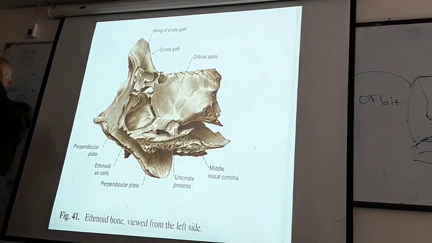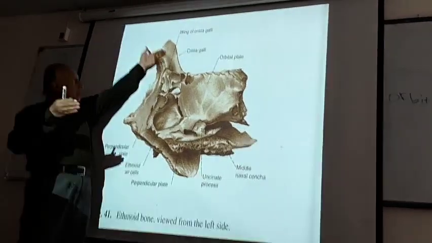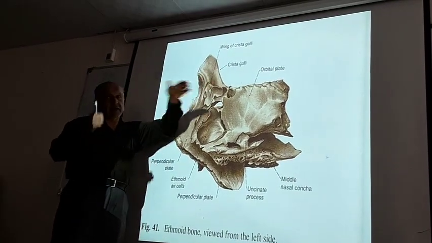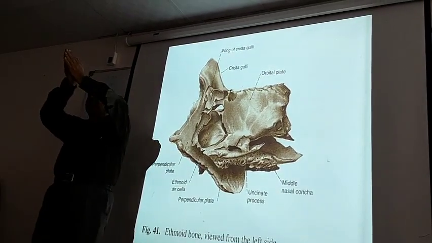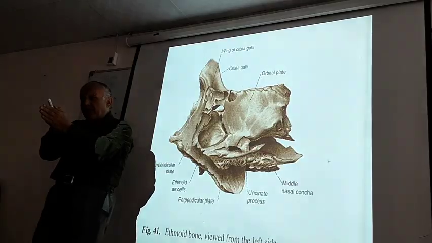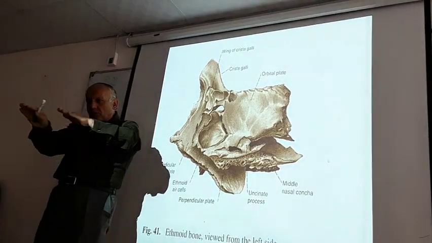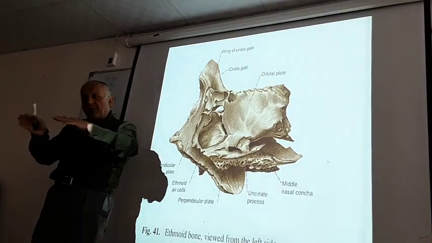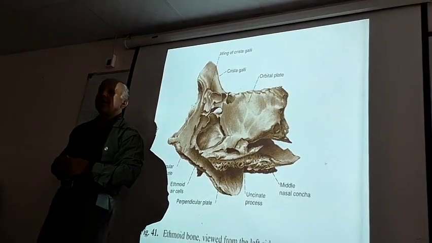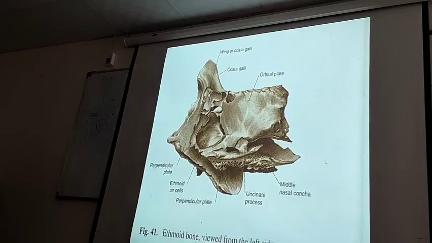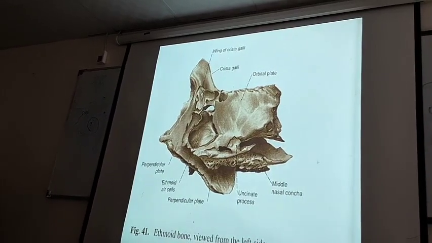The crista galli, when we follow it from superior to inferior, is one plate, but when it comes to the inferior part, in the base of the cranium, it divides into alae. It is named ala of crista galli, or wing of crista galli.